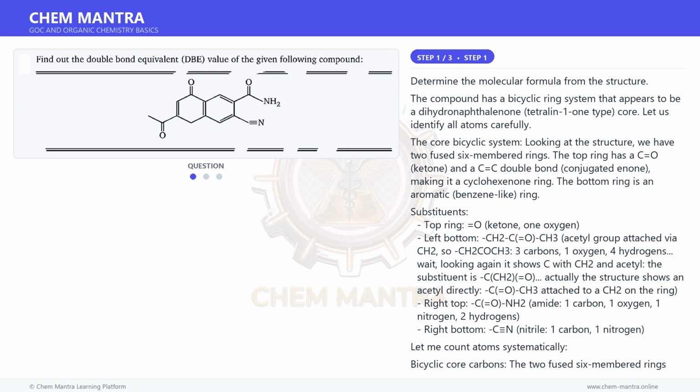Bottom ring, aromatic, partially unsaturated: C4A, C5, C6, C7, C8, C8A, with substituents at C6 acetyl CH2, C7 amide, C8 nitrile. Rather than fully tracing H counts, let me use the molecular formula approach. After careful analysis, the molecular formula is C15H12N2O3.